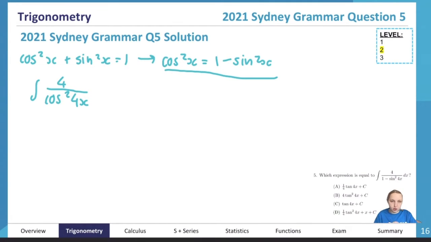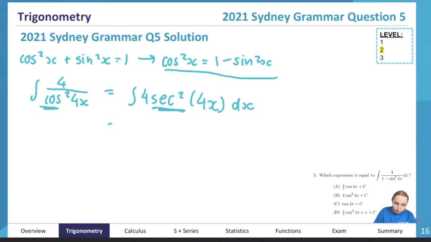From here, we can then say this is going to be equal to the integral of 4 sec squared 4x dx. Thinking about changing our cos into our sec squared, okay? Then from there, we integrate, we do 4 times 1 on 4 tan 4x plus c.